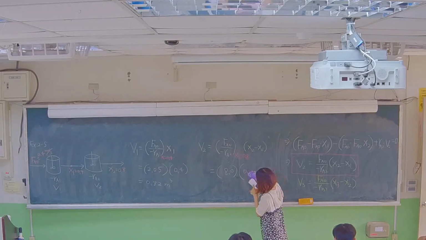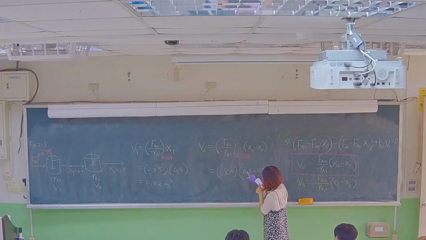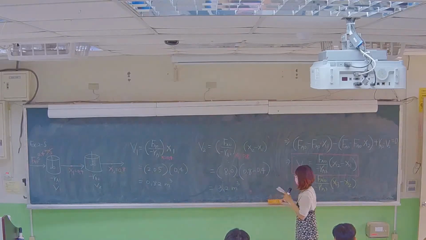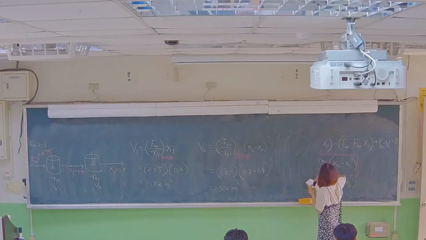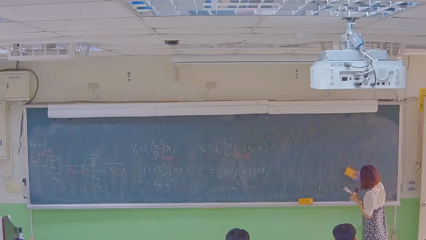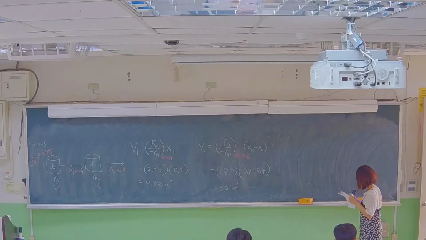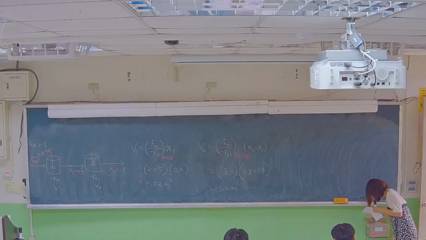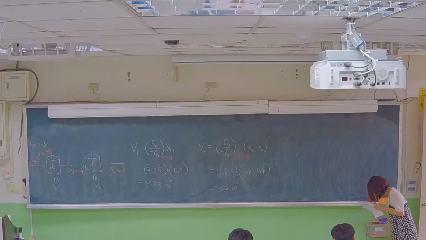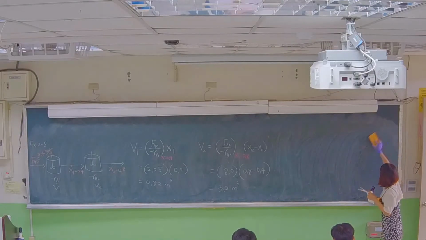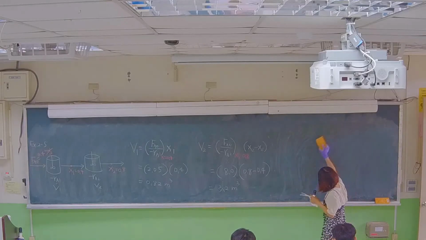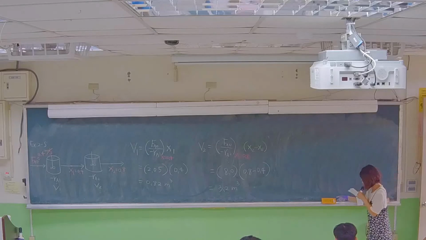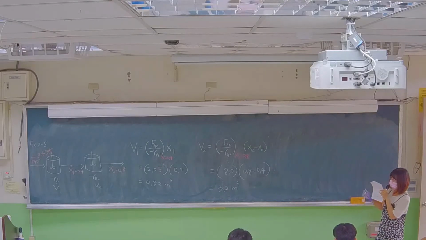How about X2, 0.8, X1, 0.4. So we got a volume for 2 reactors.